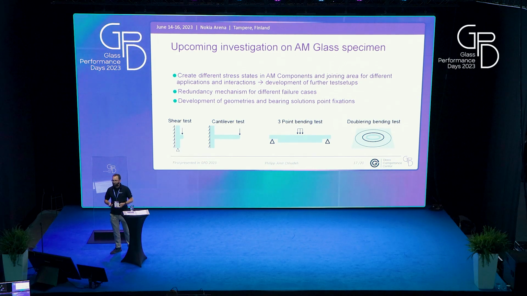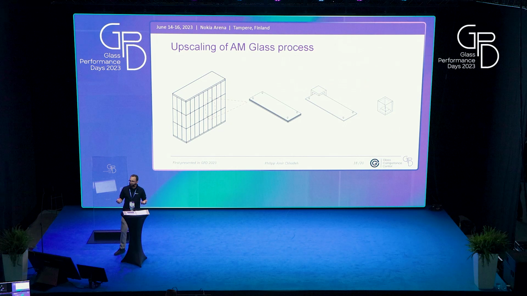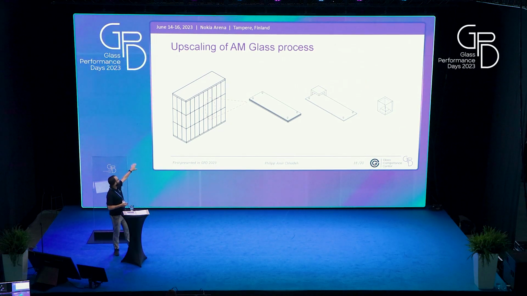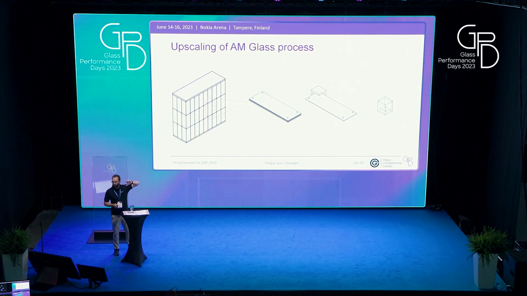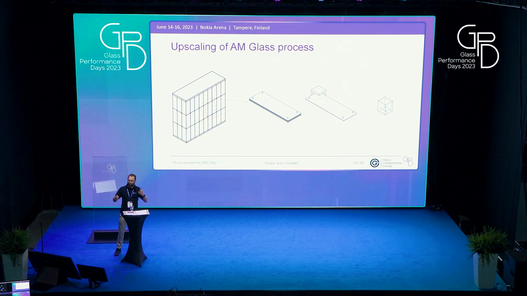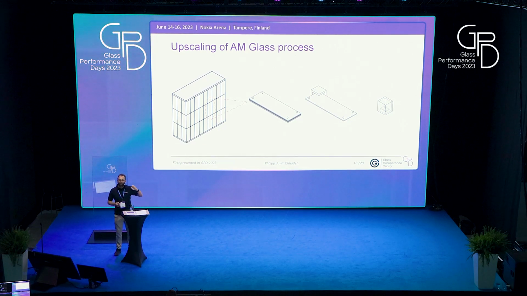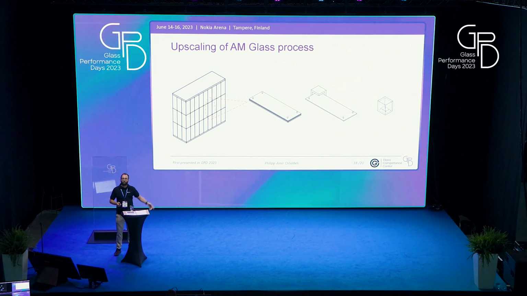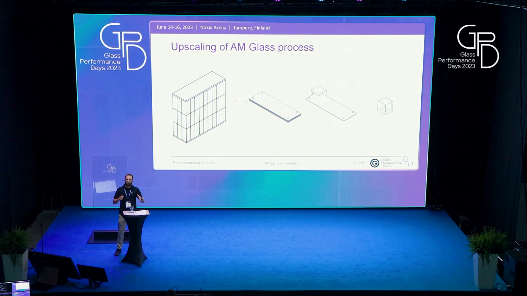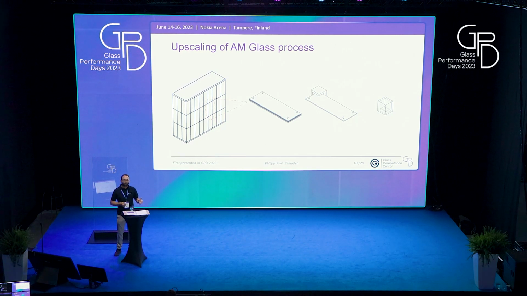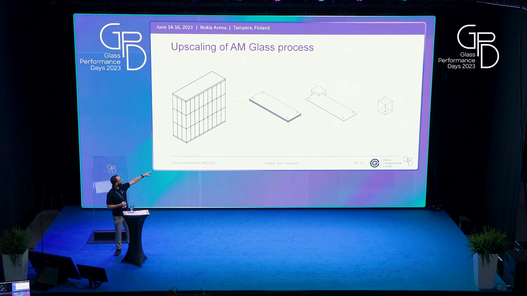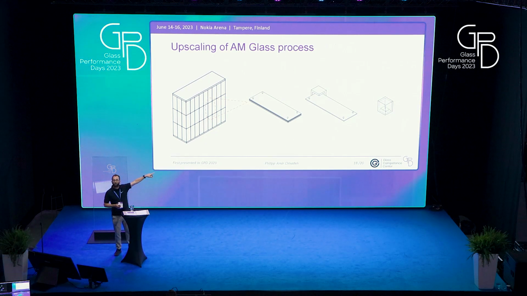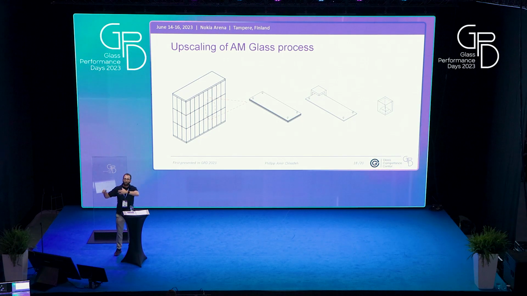But in order to do this, the second thing we have to work on is to upscale the AM glass process. We want to go to the left. We want to use additive manufactured glass, AM glass, to build facade panels in a building, but we're on the right currently. We have small-scale printing options, but we need to find a step in between. One step would be to build something like the second picture from the right, to print only on some part of the glass.